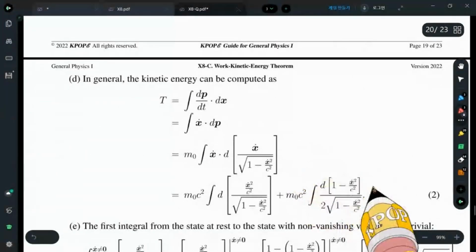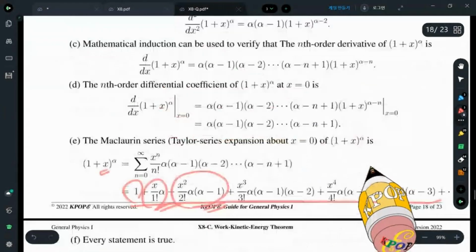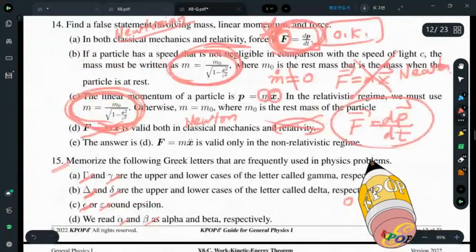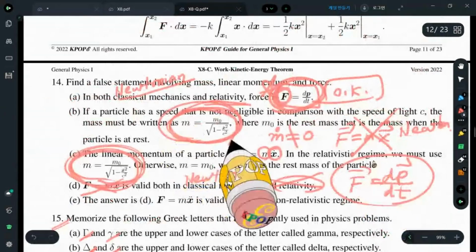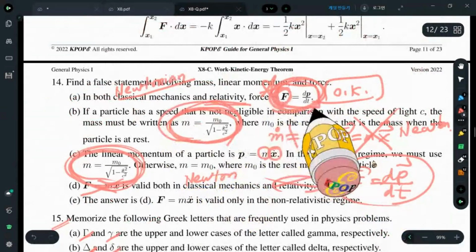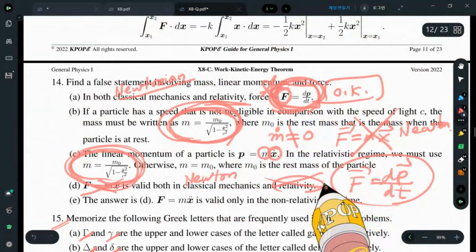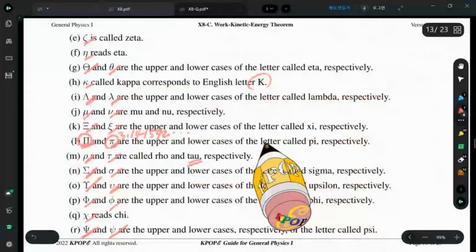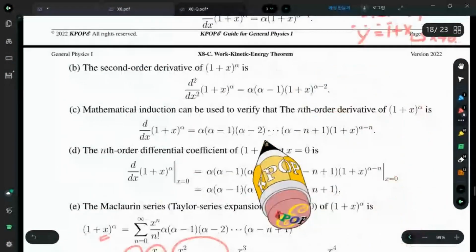However, in relativity, we just learned that mass is like that, force is like that. So we substitute these to find the kinetic energy.